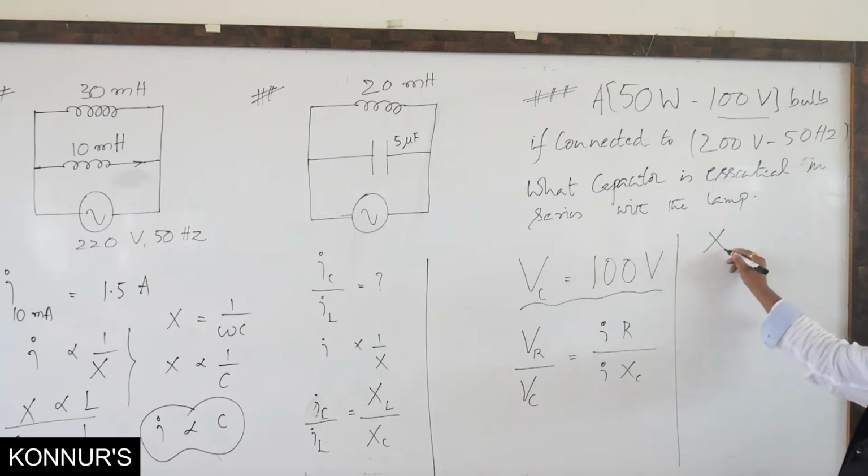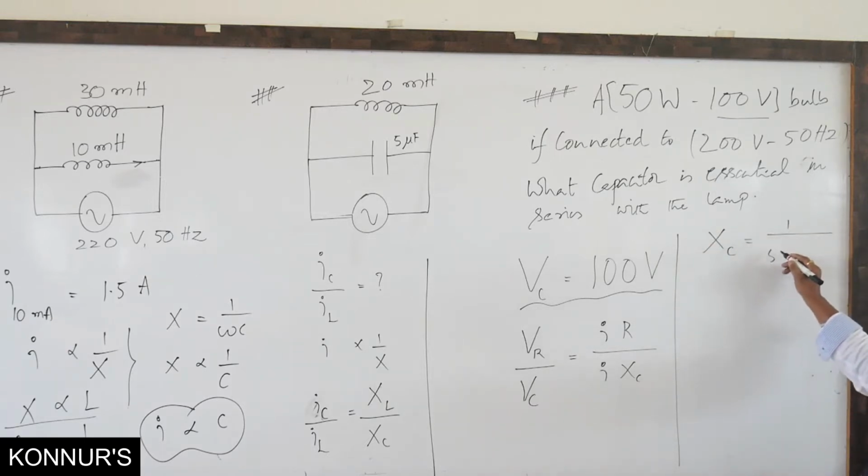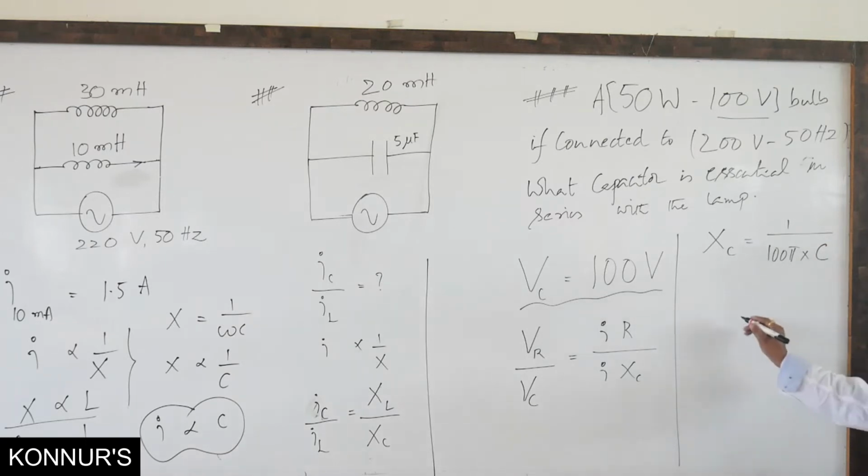Therefore XC is equal to how much? 1 upon omega, which means 1 upon 2 pi F, and 2 pi F will give you 100 pi, times the capacitance that is given. This is the value of XC. Now, this XC should be equal to R.